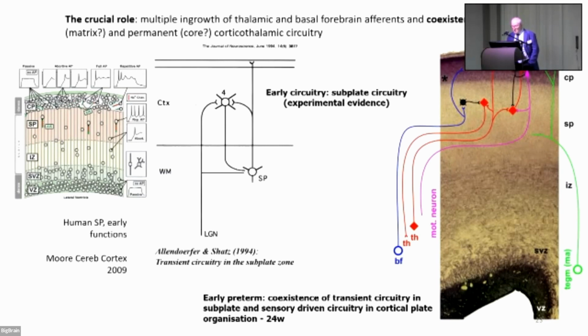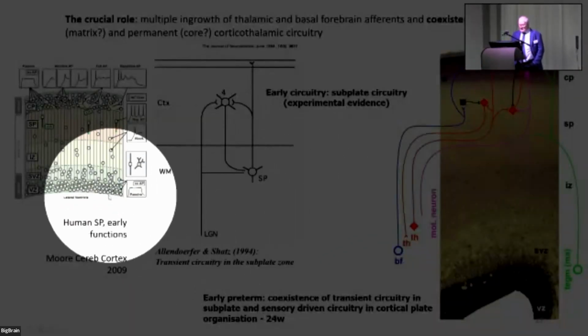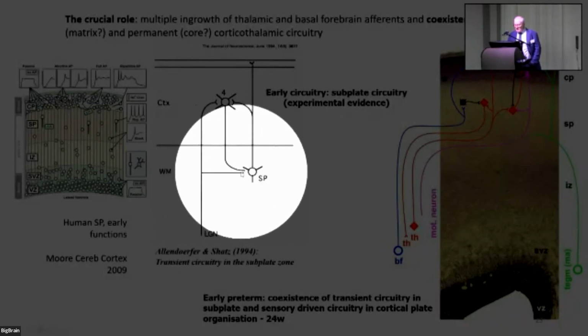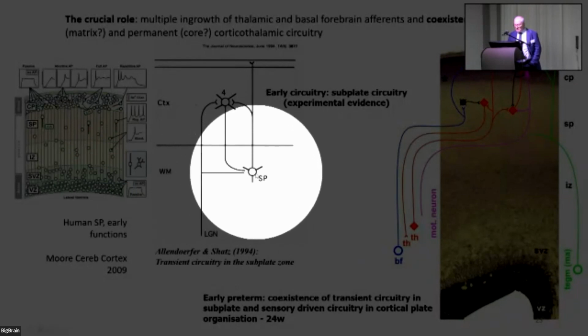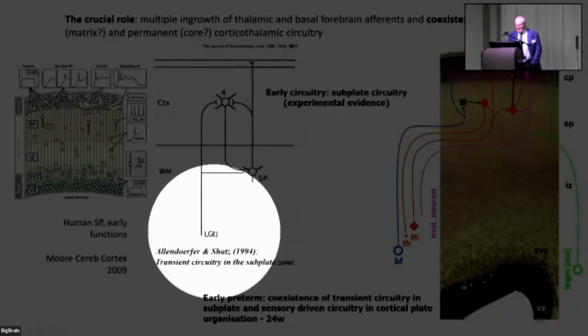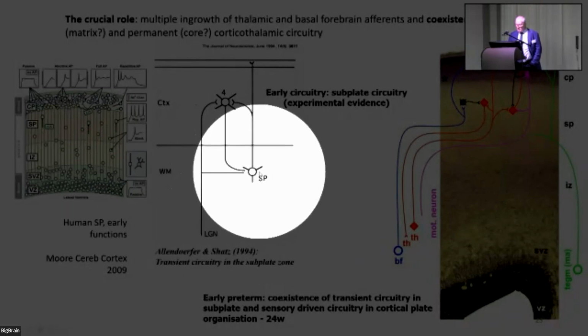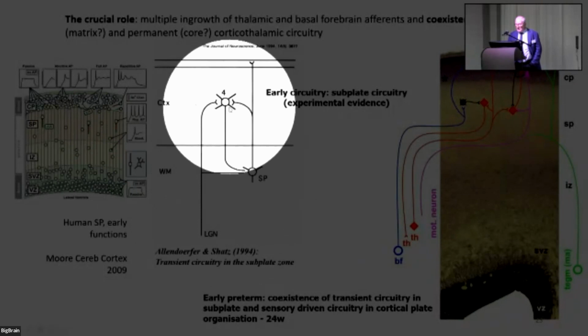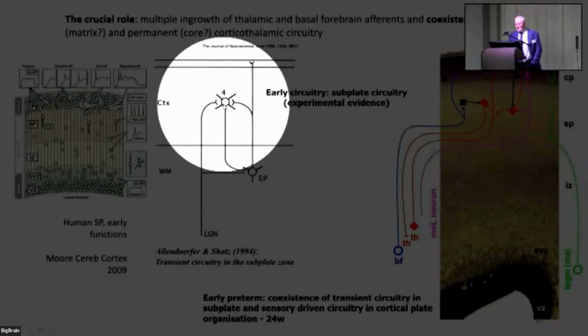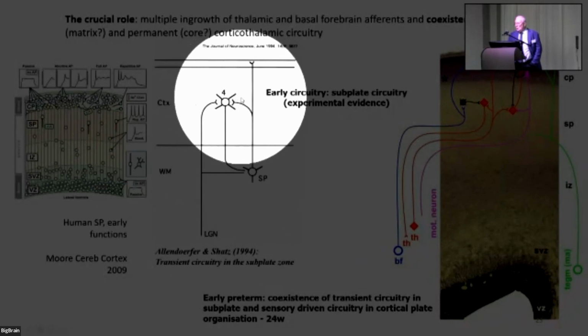Here I point just one thing, that this is a work of Carla Shatz from the subcortical visual cortex. Axons are coming to the subplate. You put an electrode, you stimulate the visual system, you get a response. But at the same time, and that's in human only after 24 weeks of gestation, you get a response in cortex.